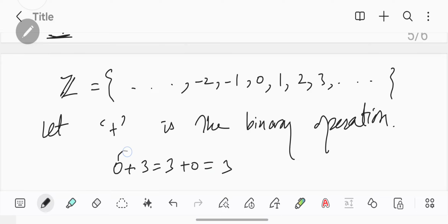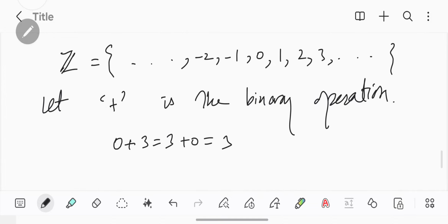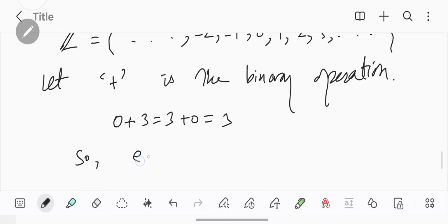That means 0 has no effect if you add. Okay, the identity element is an element which has no effect if you operate. Here the operation is addition, so that means 0 has no effect if you add it, right? So 0 is identity. So here E is 0, right? So here identity is 0.